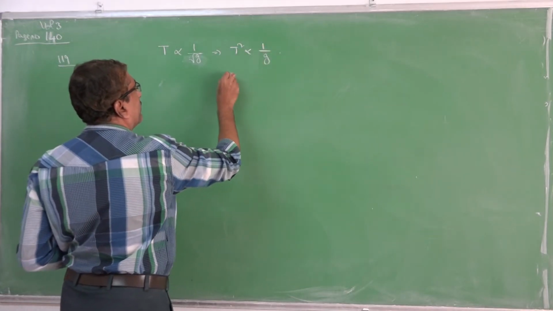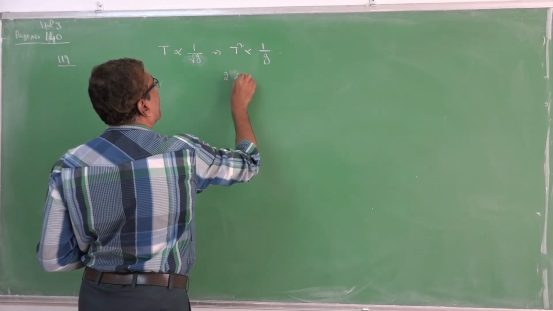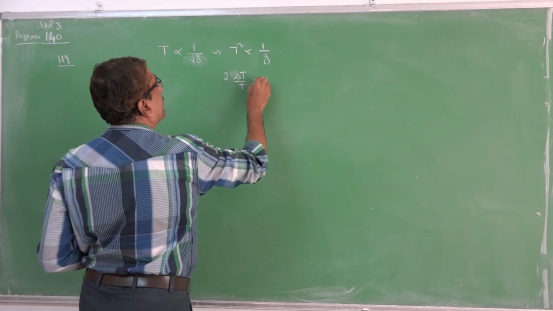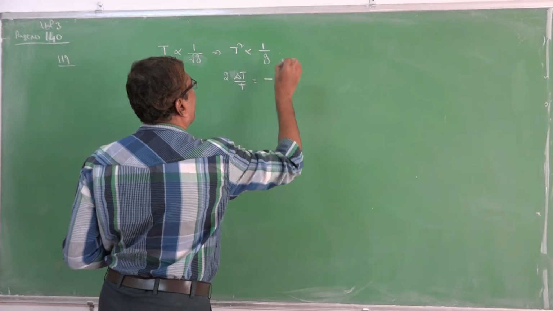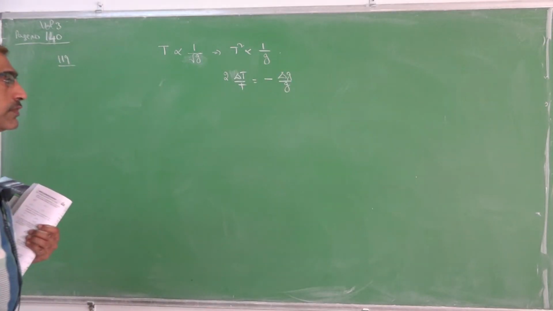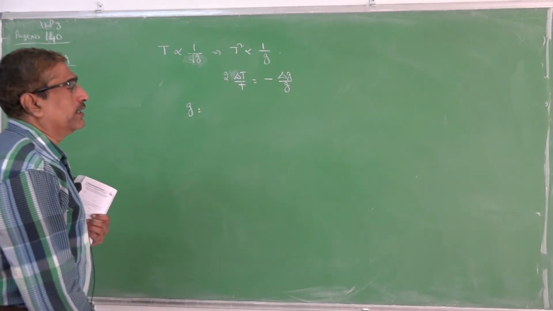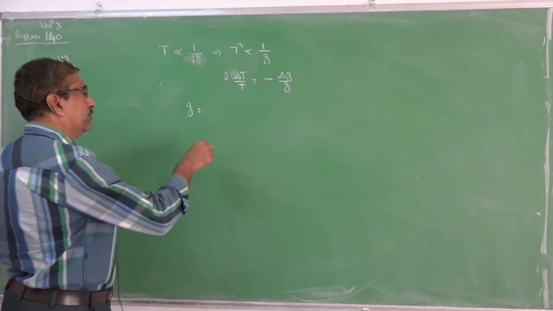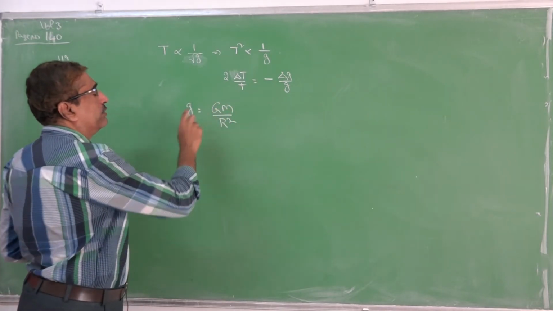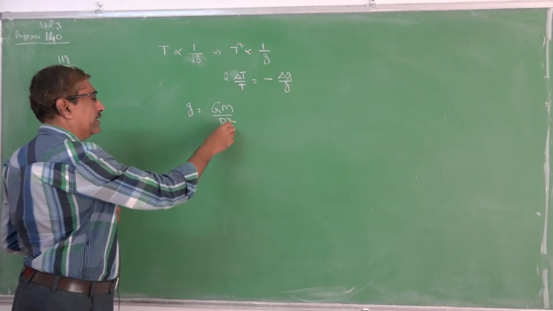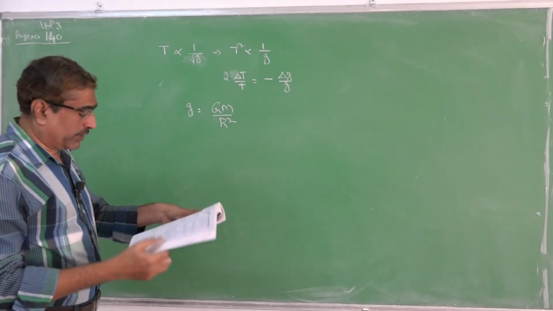Now we can write 2 delta T by T is equal to minus delta g by g. But g, we know, depends on the radius of the earth and mass of the earth. So, g is equal to capital G M by r square, where capital G is the universal gravitational constant, and M and r are the mass and radius of the earth. In this problem, the radius of the earth shrinks by 0.2%.